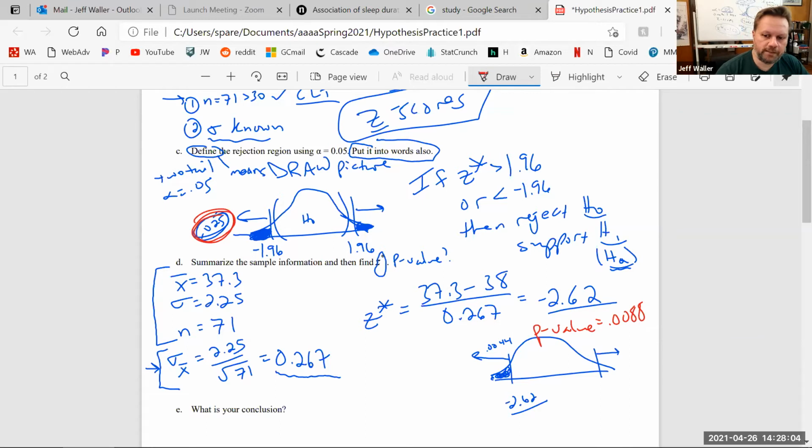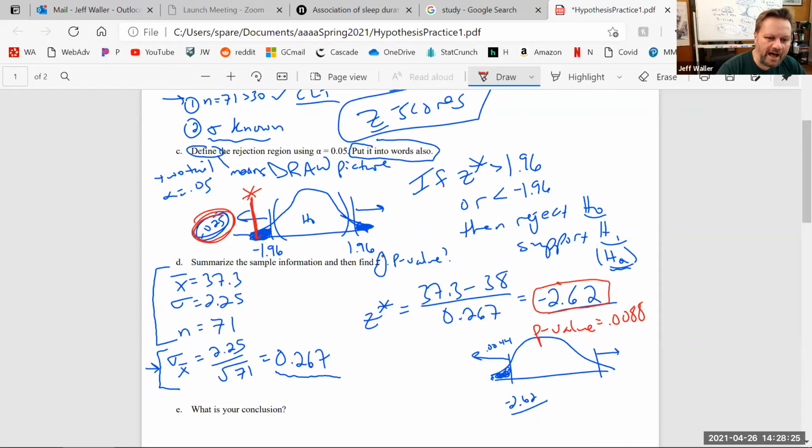So we can tell the answer to this test by looking at our z-score. Did we make it far enough away to find evidence? Yes, we did. We're way down there. So down here is where we are.